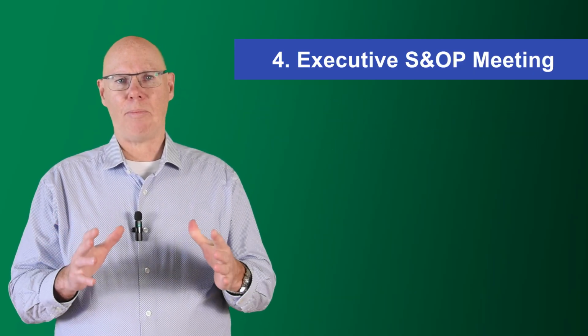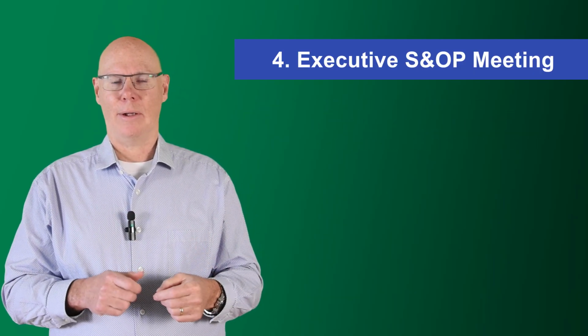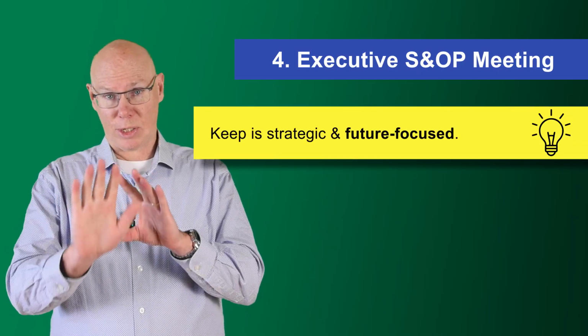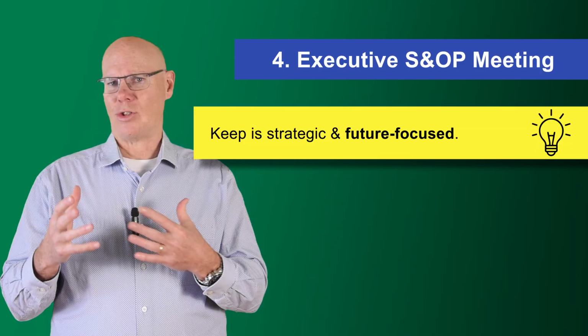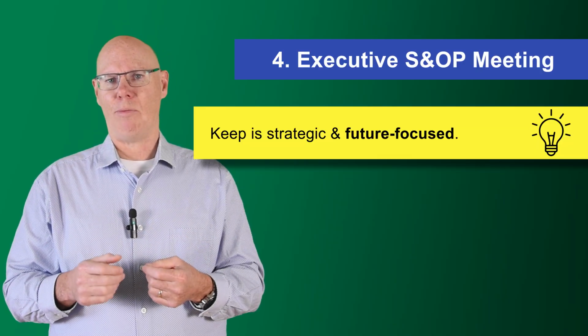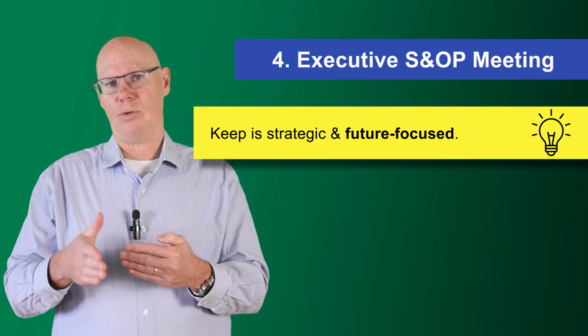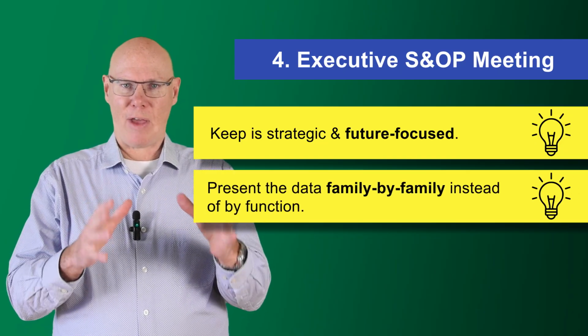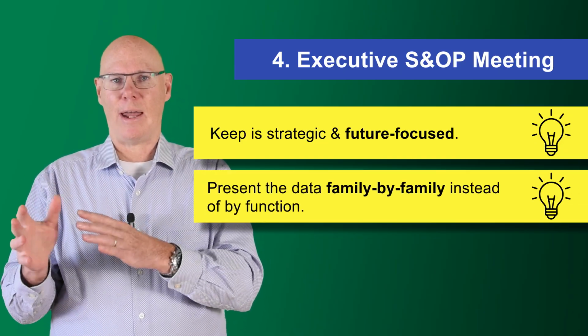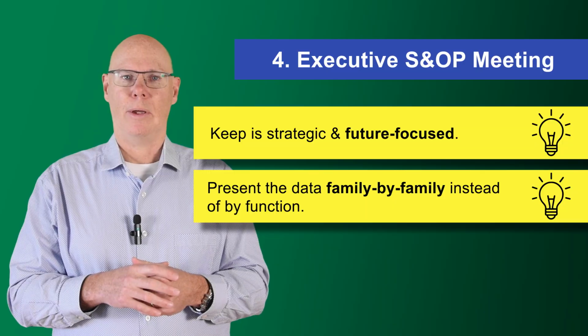A few tips to help you in the executive meeting. First, keep it strategic and future-focused. Month 1 is usually already determined, so move the focus on months 2 and beyond. Second, present the data family by family instead of by function.